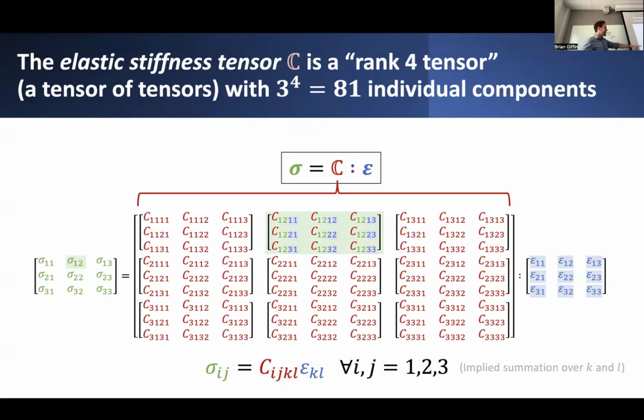And you can do that for each component of stress. That's the interesting utility of these things. And it can be represented entirely in terms of index notation, in terms of this big expanded array of arrays, or in terms of this very nicely compact, direct tensor notation with the aid of that tensor contraction double dot symbol. So there are different ways you can represent basically the same thing.